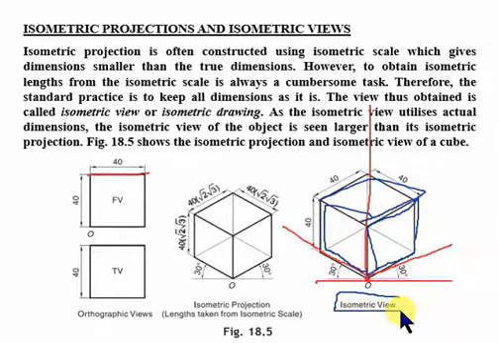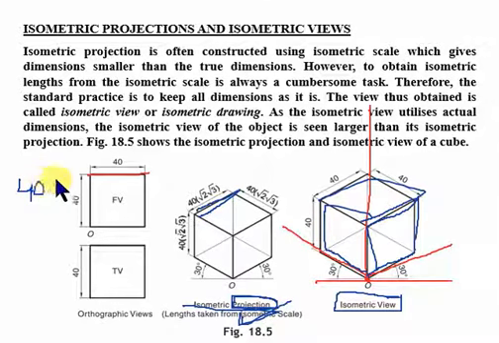If they ask you to draw the isometric view, this is what you do. But if they ask you to draw the isometric projection, this is where the important point is. When they ask you to draw the isometric projection, you need to shorten the true length. That is, you need to multiply 40 by 0.82. If you multiply 40 by 0.82, you will get approximately 38. I am not completely sure, so I am saying 38.